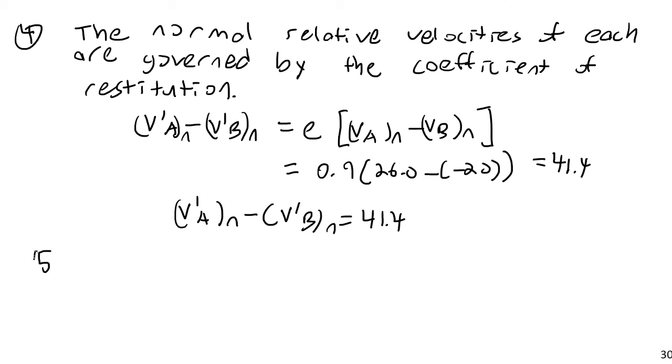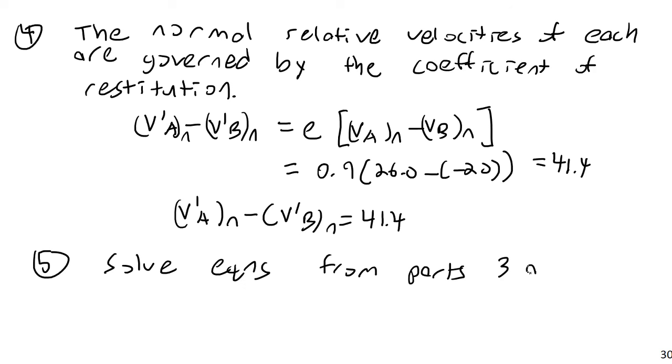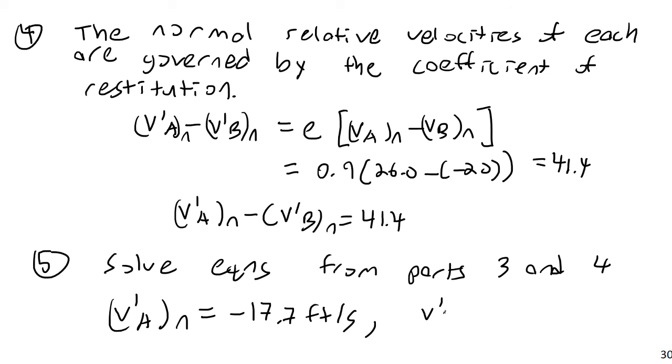Solving the equations from parts 3 and 4 together, you get that V prime A, the normal component, is equal to negative 17.7 feet per second, and V prime B, the normal component, is equal to 23.7 feet per second.